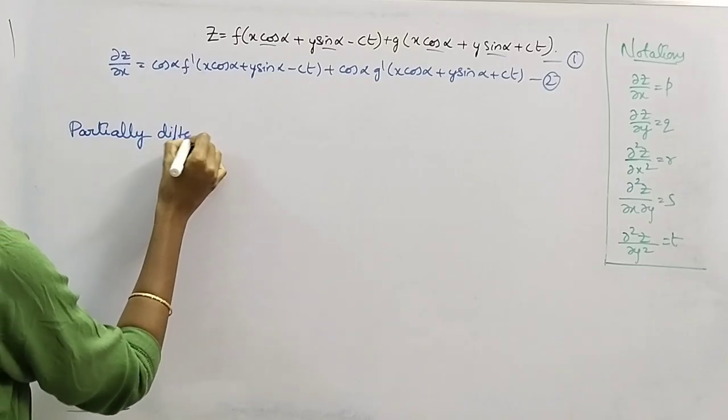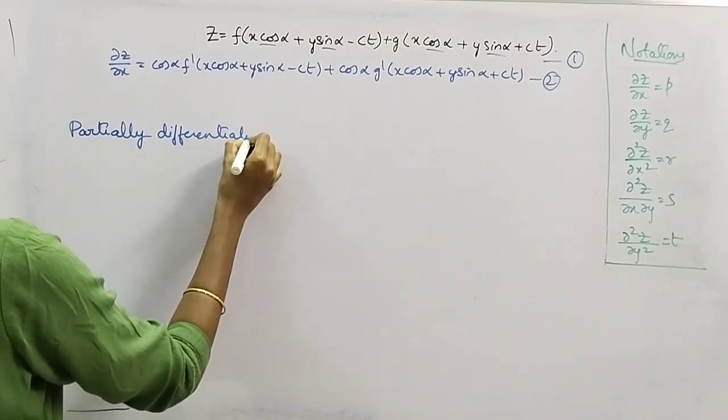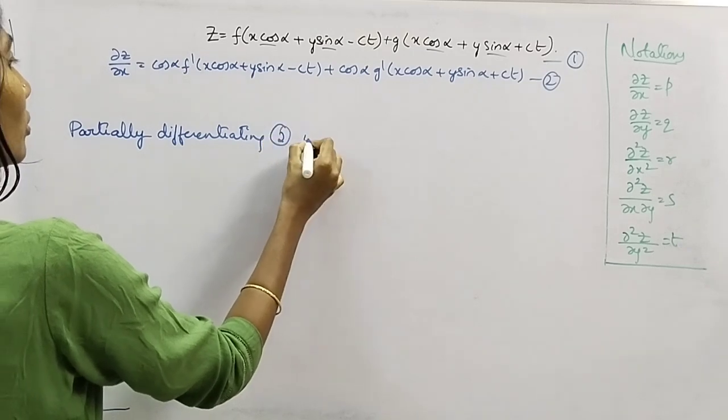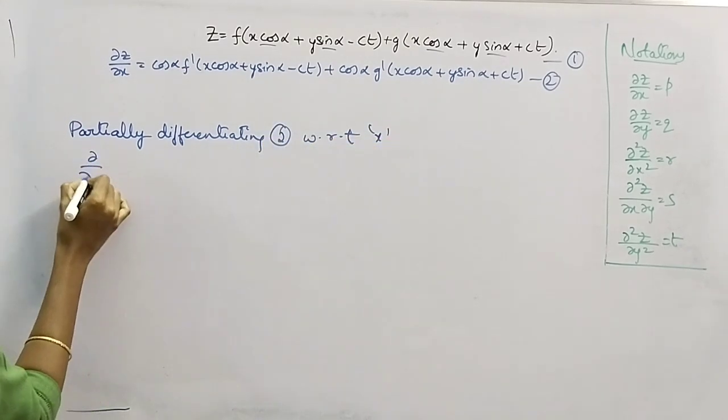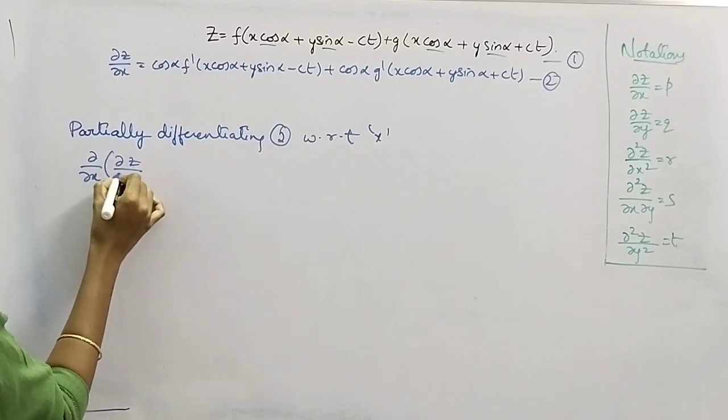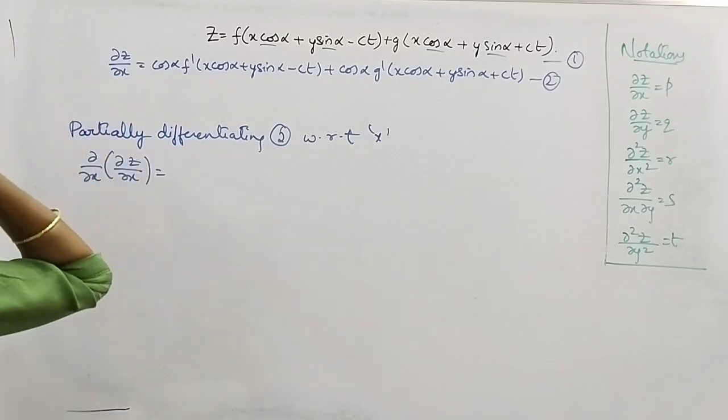Partially differentiating 2 with respect to x, you'll get dou by dou x of dou z by dou x, you'll get the second derivative here, okay?